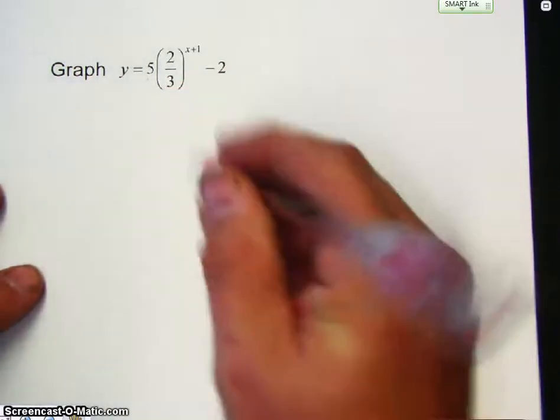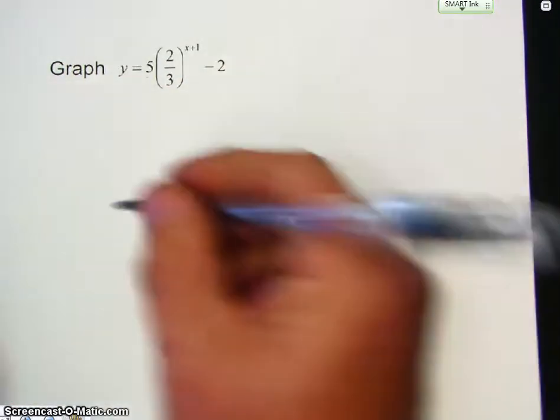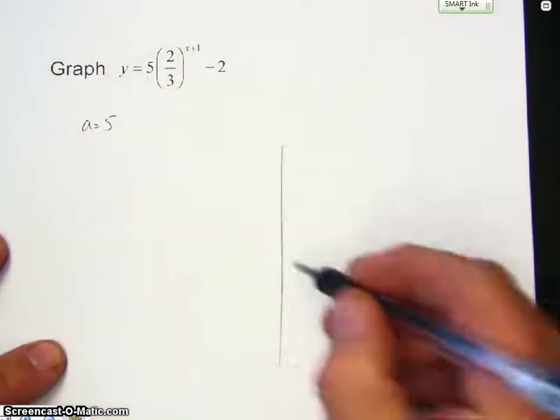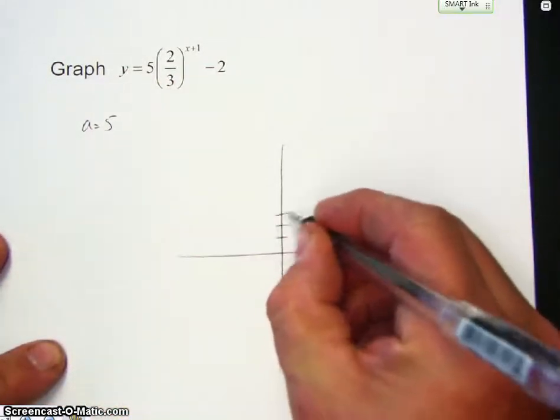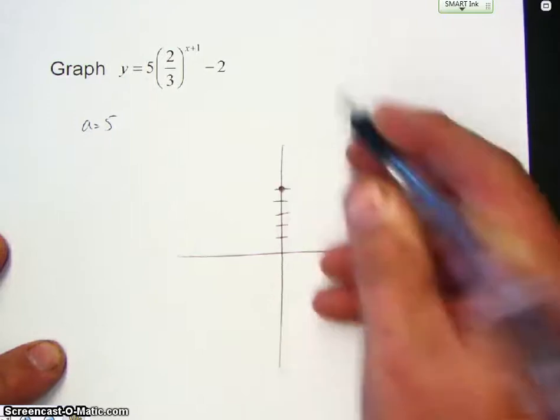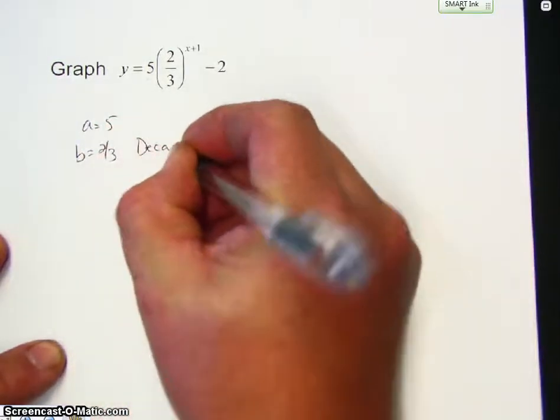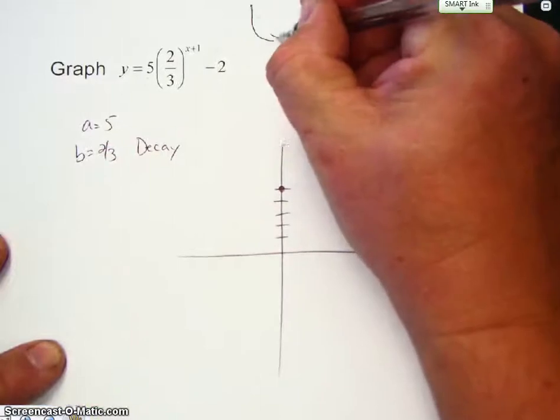Alright, so let's see here. First of all, A is 5, so there's my y-intercept. Let's sketch that: 1, 2, 3, 4, 5. B is 2/3, so that means I have decay, so it's going to look like that.